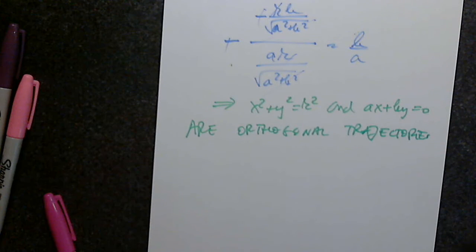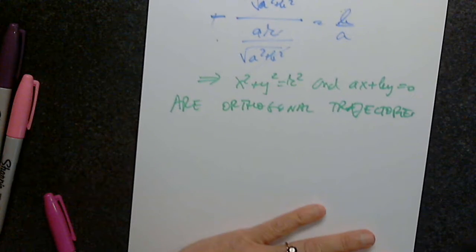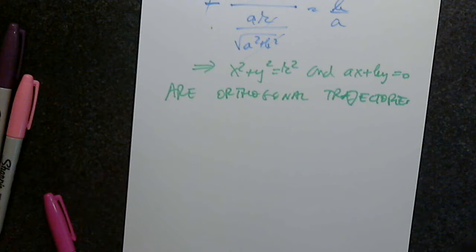So, in summary, what did we do? We determined whether these 2 orthogonal families of functions intersect. That was the first task. We found 2 points of intersection. Then we determined the derivatives, and we plugged in the x and the y from those points into the derivatives.